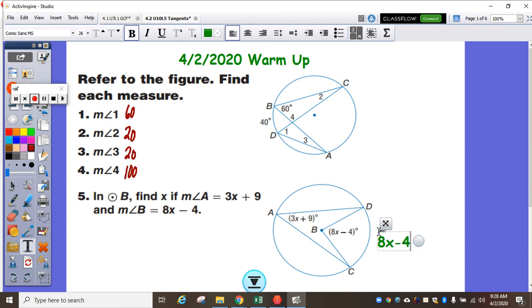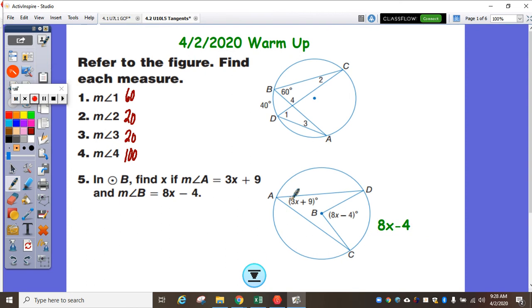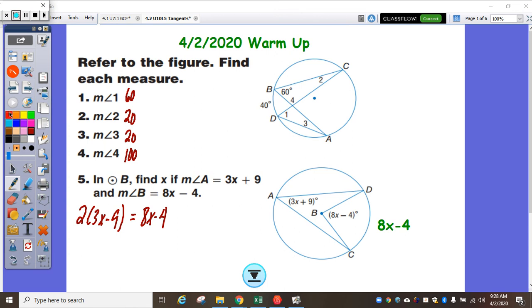Okay, so now if this is my inscribed angle, 2 times the inscribed angle is the arc. And then I would just solve for x and plug it back in. All right, so let's move on to tangent lines here.